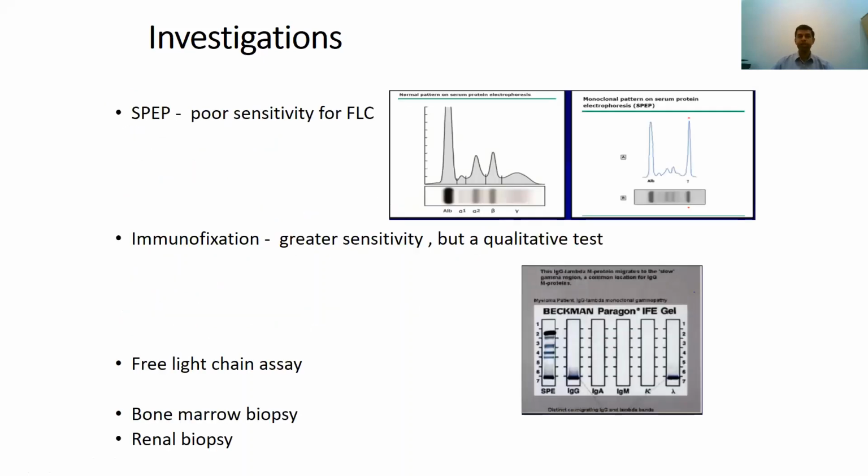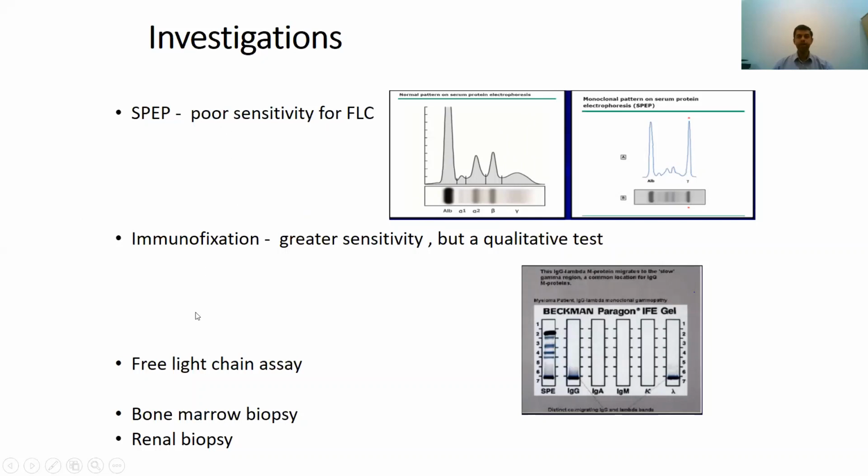However, for confirmation, you need to do serum protein electrophoresis. This is a normal electrophoresis, and if you remember your physiology days, you have the albumin, alpha 1, alpha 2, beta, and the gamma regions. In a myeloma patient, this gamma region is going to increase because of the plasma cells, and you will see a spike like this.